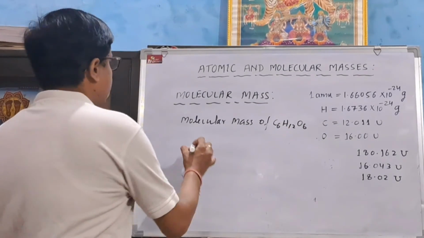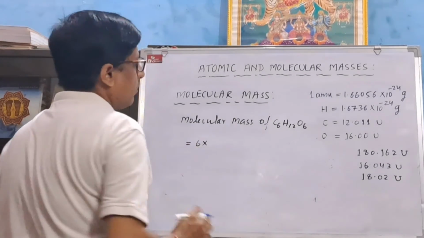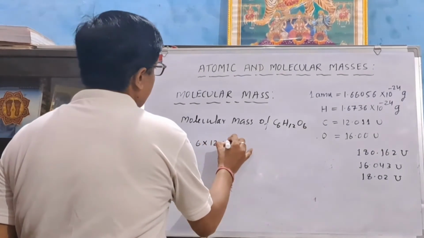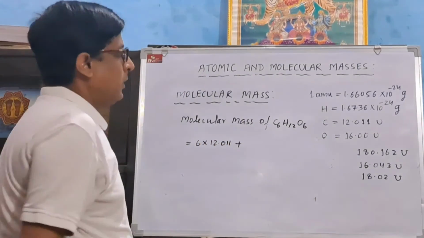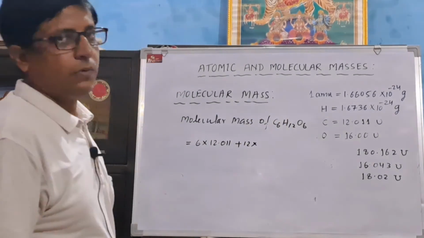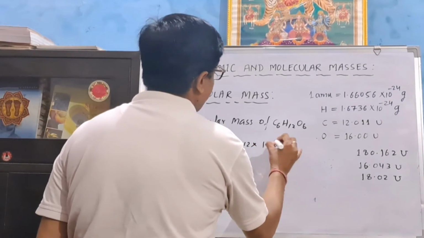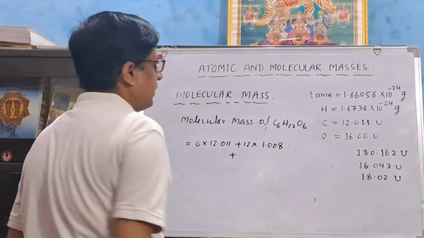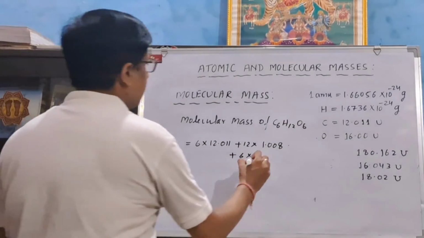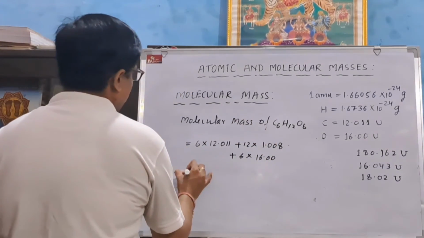Therefore, the molecular mass is 6 × the mass of one carbon atom, 12.011, plus 12 × the mass of one hydrogen atom, 1.008 u, plus 6 × the mass of one oxygen atom, 16.00 u.